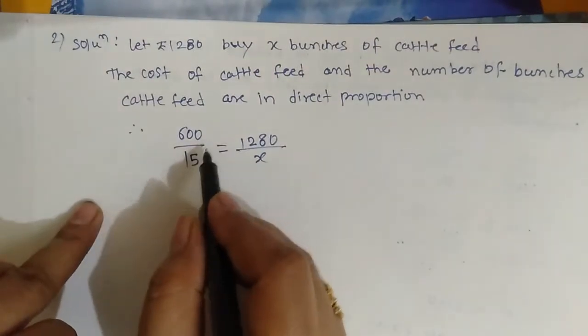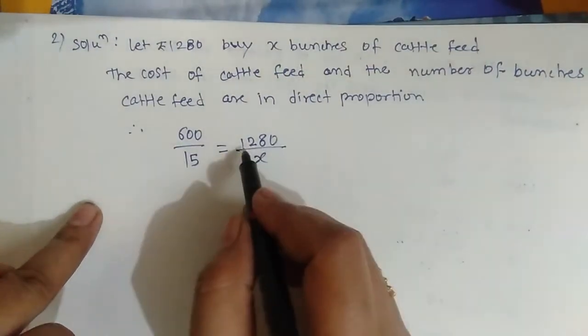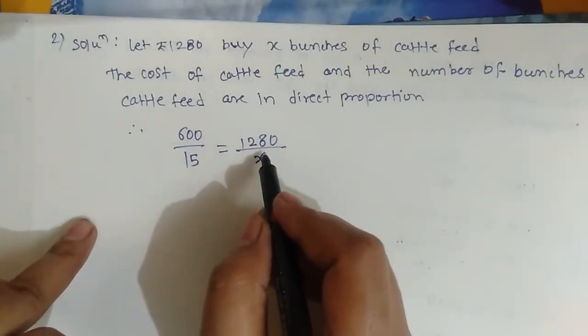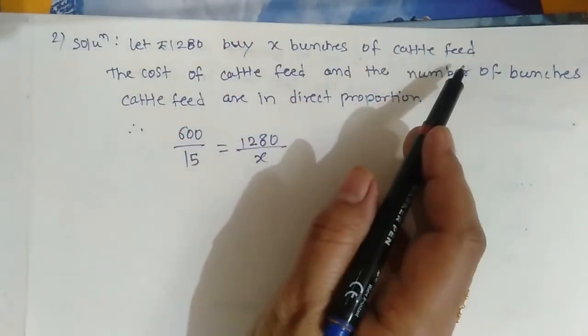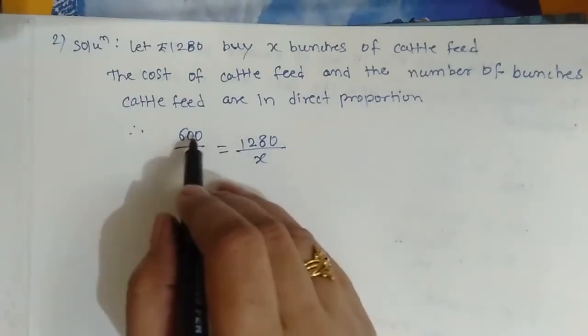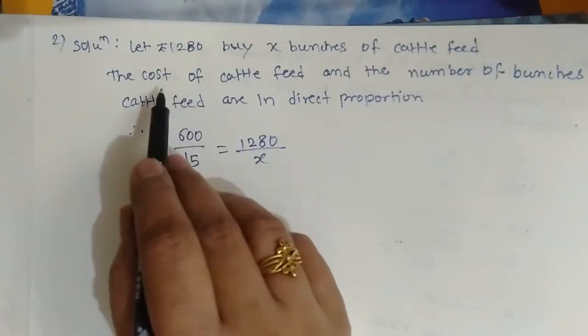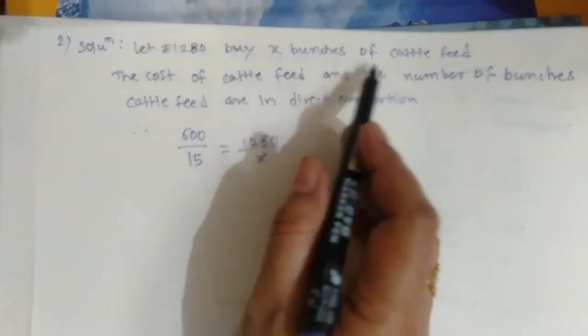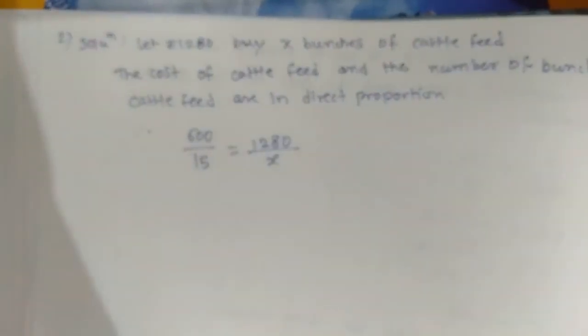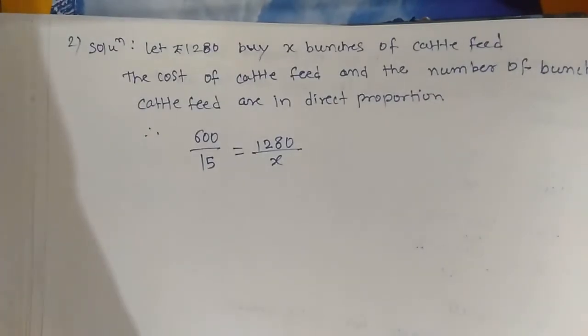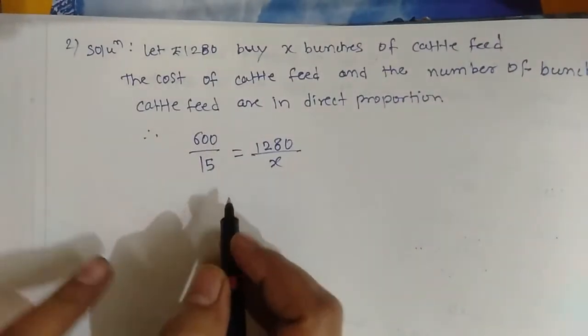Therefore, we obtain the ratio 600 upon 15 is equal to 1280 upon x. Means the cost of bunches of cattle feed at the numerator and the number of bunches of cattle feed at the denominator. So, this thing is very important in such questions.